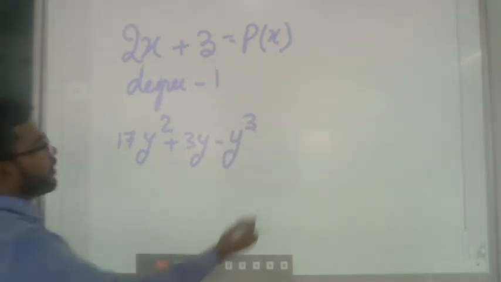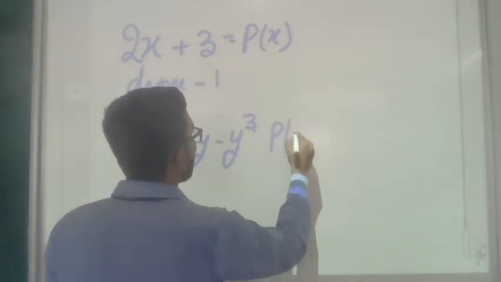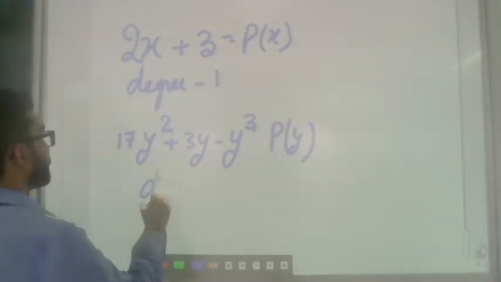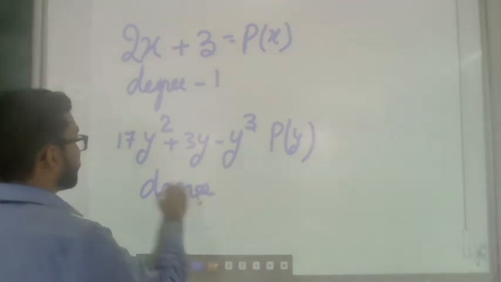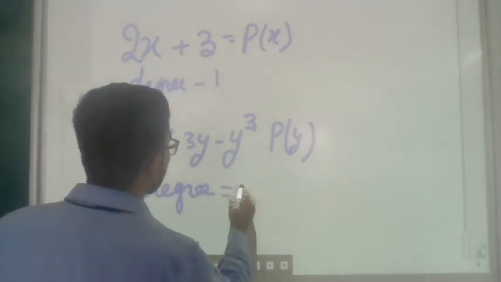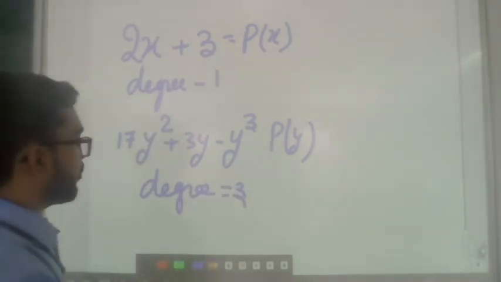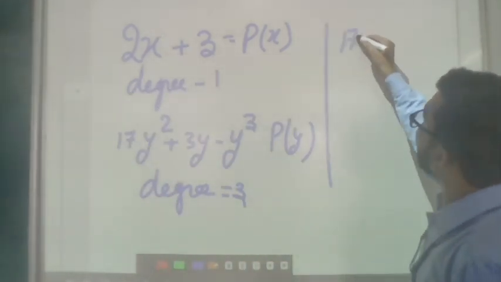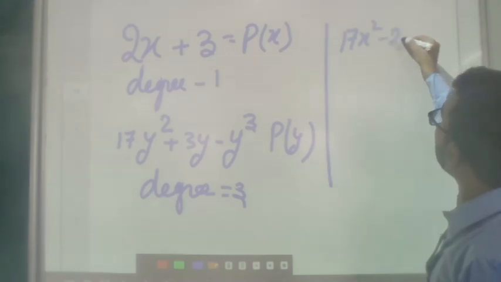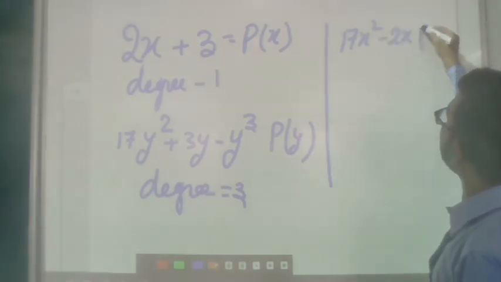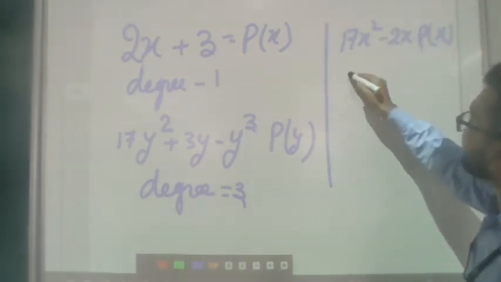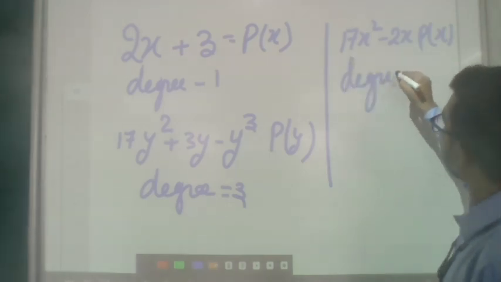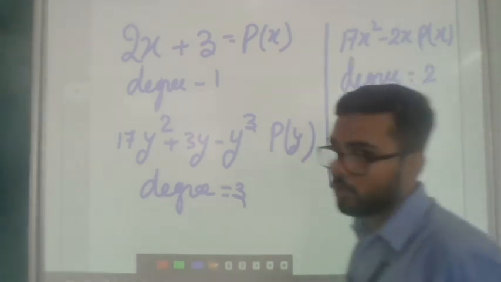This is a polynomial in y, and the degree of this polynomial is 3. Suppose 17x squared minus 2x. This is a polynomial in x, and the degree is equal to 2.